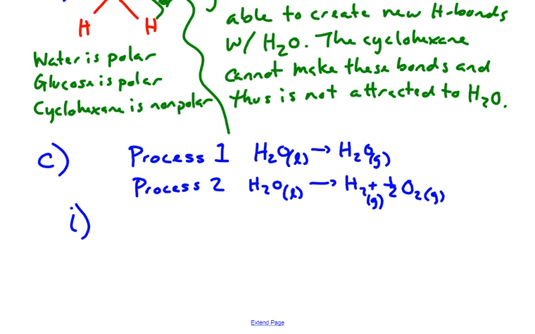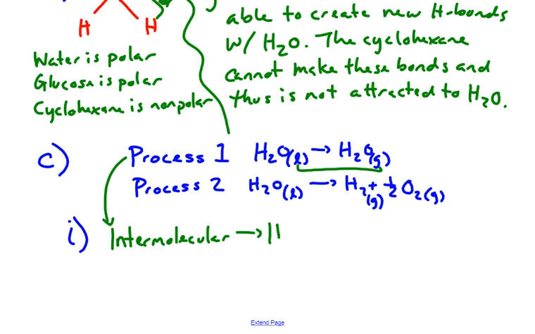So process number one. This is a phase change. You're going from a liquid to a gas. You're still looking at it as water. So you're overcoming IMF. So this is an intermolecular and specifically H bonding or H bonds, however you want to refer to it.